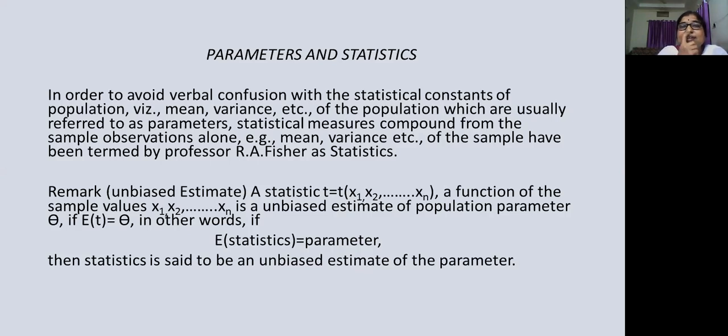That is the reason all the population constants are called parameters and all the sample measures are called statistics. There is a theory in estimation theory that we studied in our third and fourth semester that is applied here. That is, the expectation of a statistic is equal to the parameter, and it is said to be an unbiased estimator of the parameter.